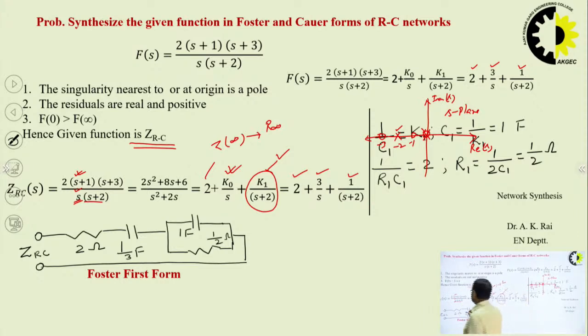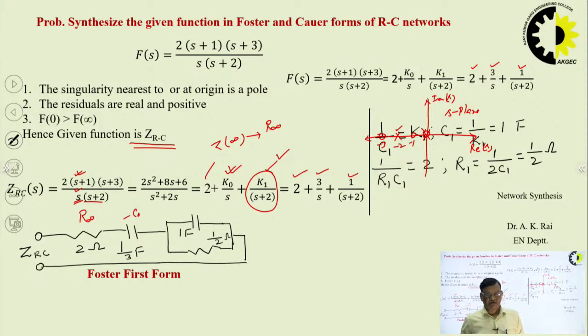So this is R. This is your pole at origin. This is your C0 and this is your C1 and this is R1. So very simple, just identify the given function, whether it is ZRC or ZRL or YRC or YRL, then carry out the partial fraction expansion.